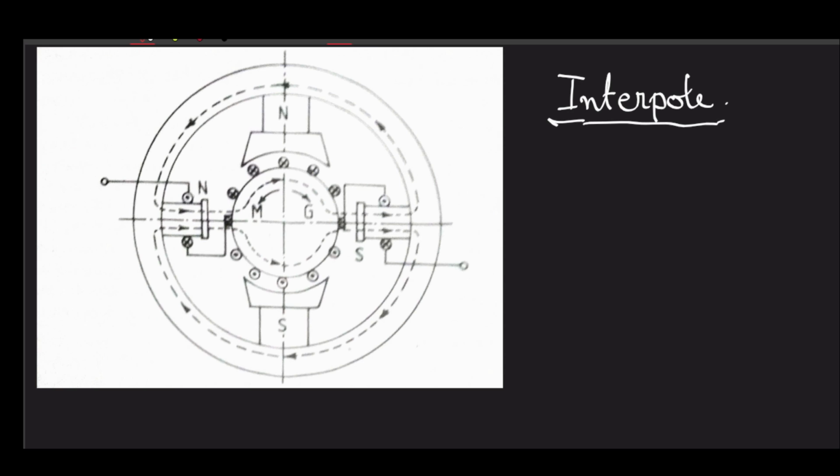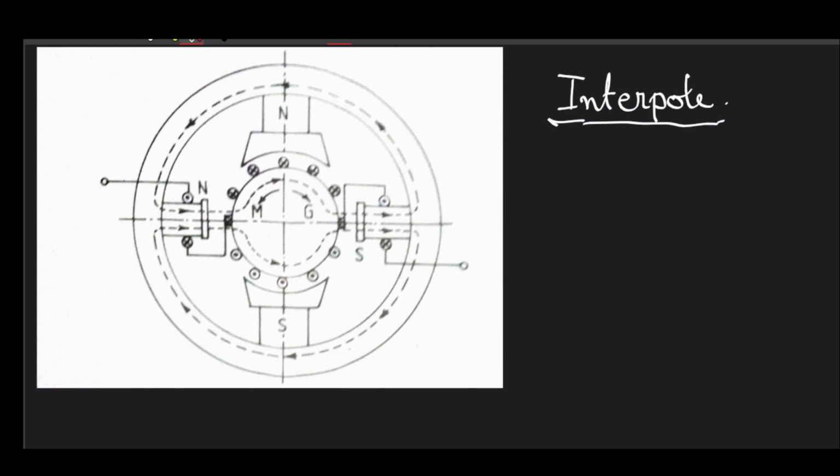So how do we design the interpole? As we know, in the case of a generator, the armature current exhibits a tendency to shift.